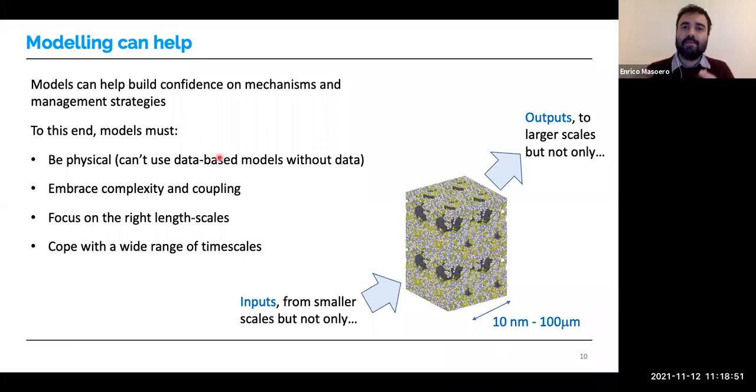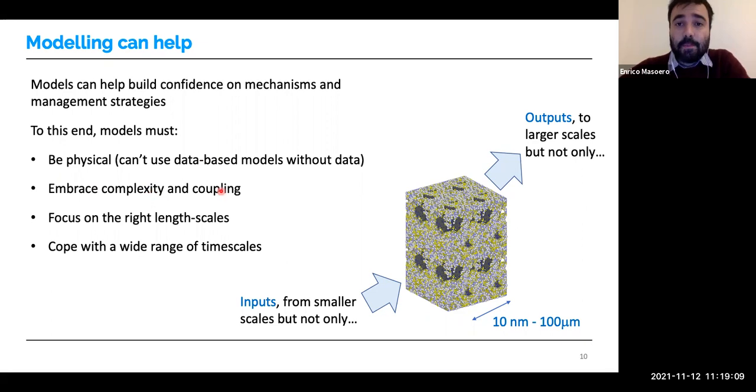Whereas if we understand the mechanism that is driving a certain process, even in the short term, we can still consider that the same mechanism can be reliable if we look at how it keeps behaving in the longer term. So having a physical basis is a way to build this confidence.